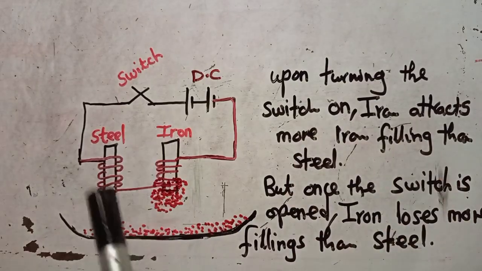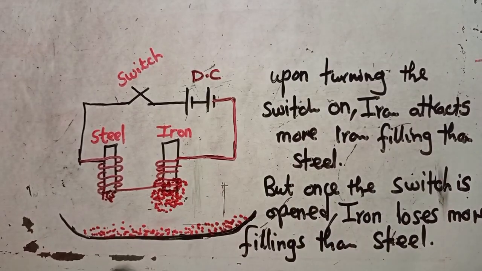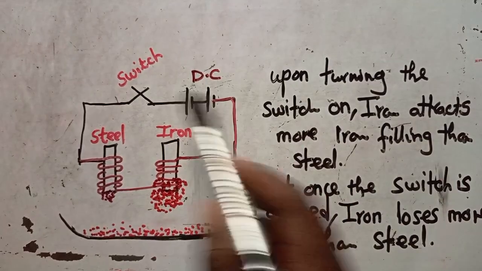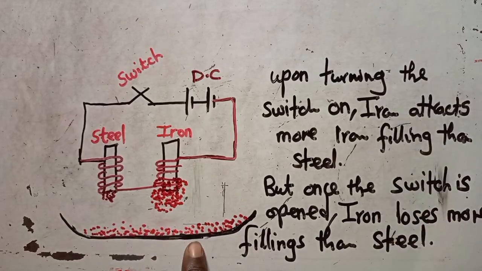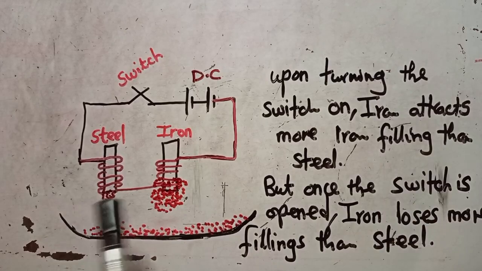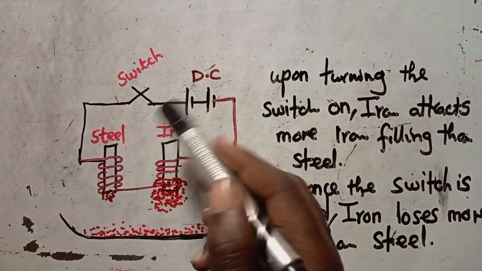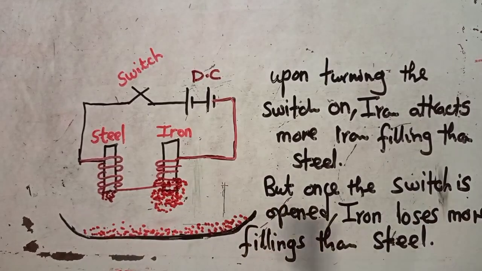When we close the switch, in other words when current starts passing through, you discover that iron will attract more of these particles compared to steel. When I disconnect like that, you discover that iron loses more of those particles than steel. So we've observed these two things.